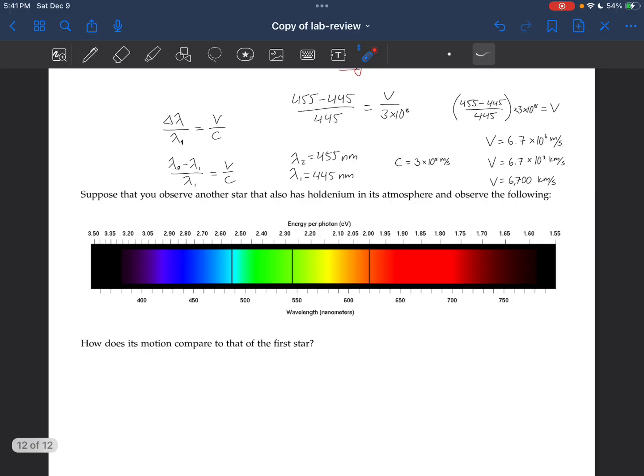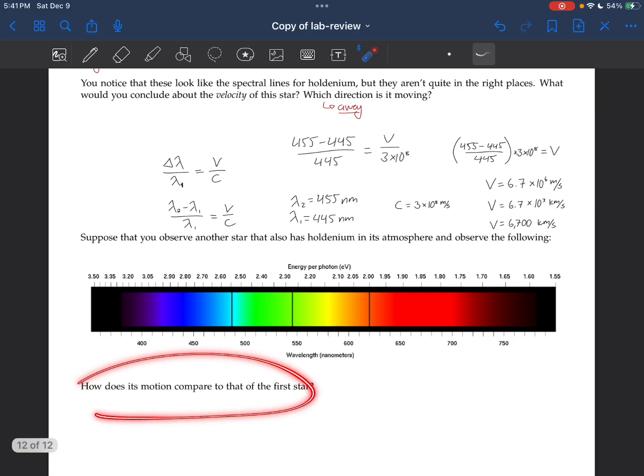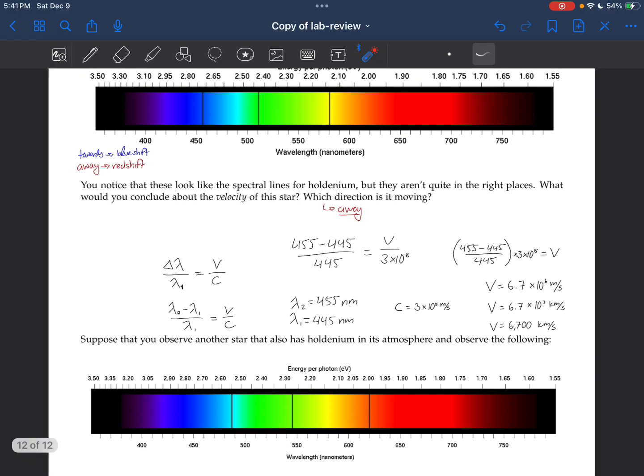We observe another star with Holdenium as well, and now we want to compare its motion to that of the first star. Again, I have my 2.8, my 2.5, and my 2.2. Now we can see each of them is shifted much, much further than they were up here, where they just shifted a little bit.